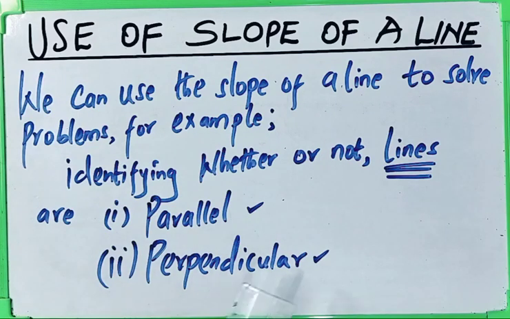So when you have slopes of given lines, you can determine whether those lines are parallel to each other or perpendicular to each other.